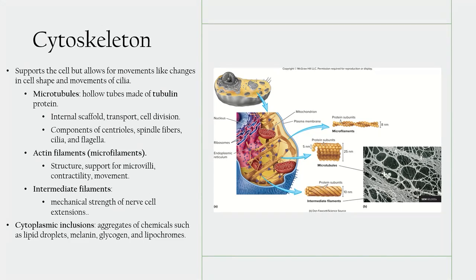So there are cytoplasmic inclusions that I referenced before in the previous slide, but they're just lipid droplets, other molecules like glycogen, melanin, and lipochromes, which we're not going to worry too much about here. But you can see a picture here of what the different sizes are, right? So microtubules, 25 nanometers in diameter, intermediate filaments, 10, and microfilaments are 8, or actin. That's what I call this.